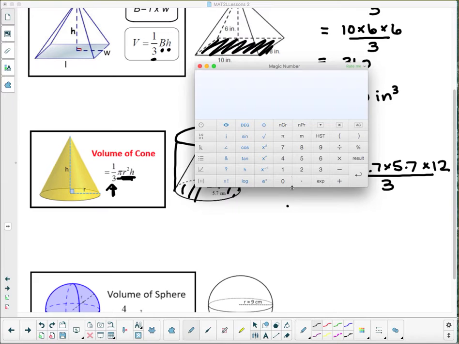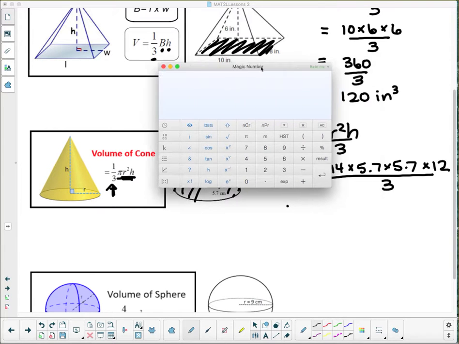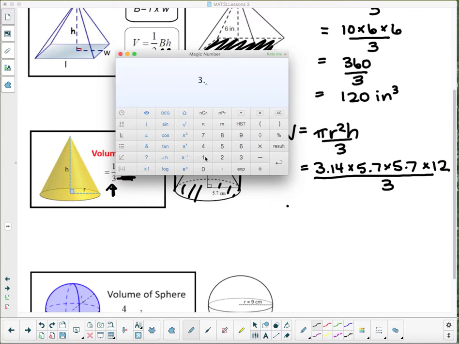Let's clear that off and type in 3.14 times 5.7 times 5.7 times 12.